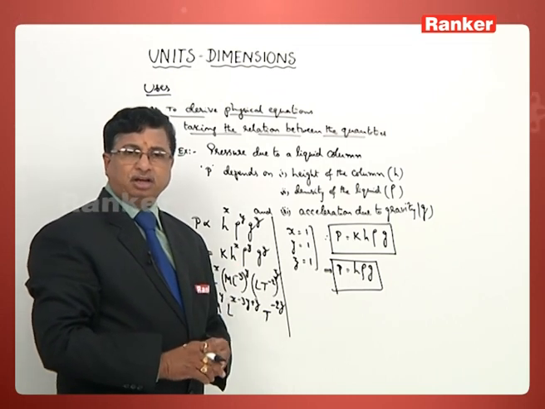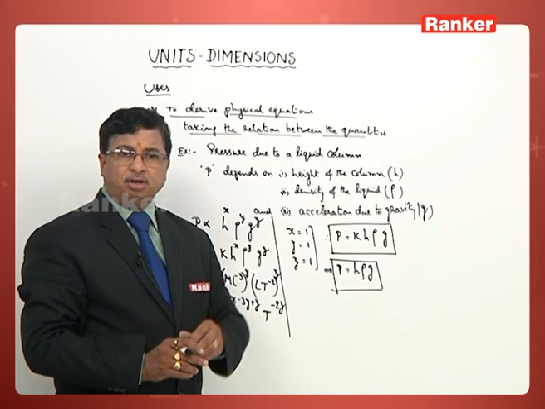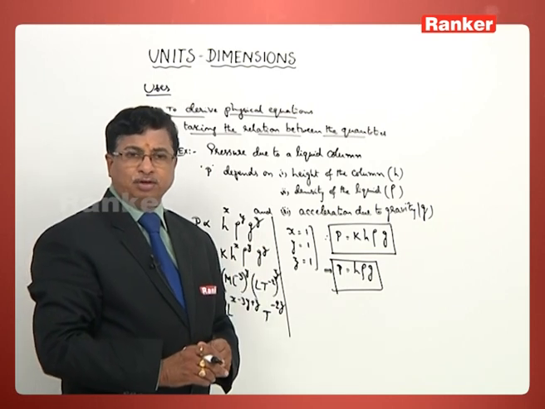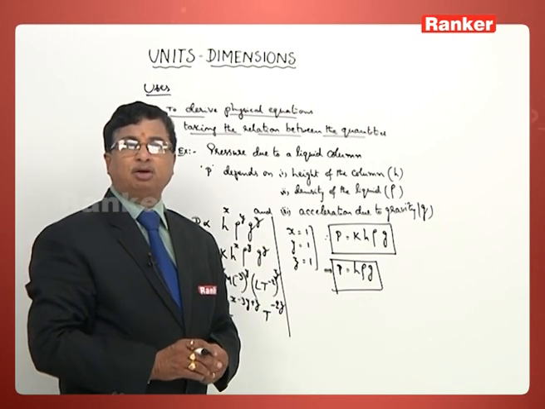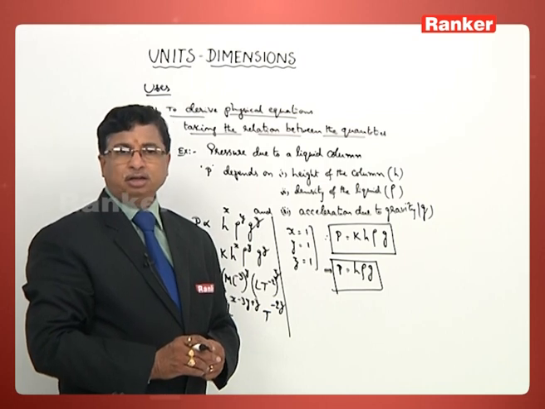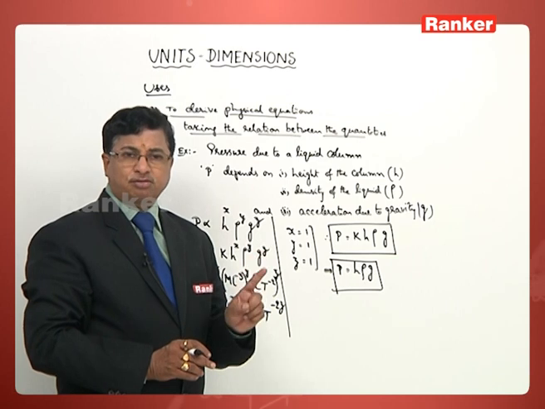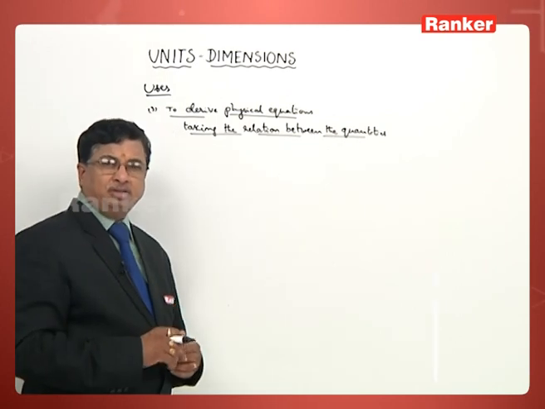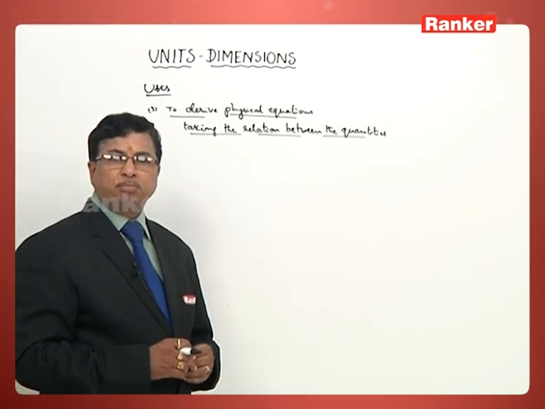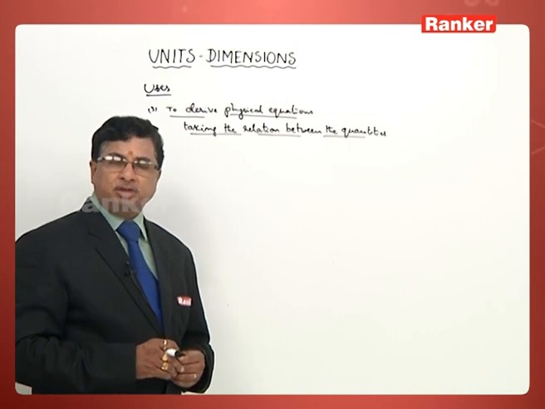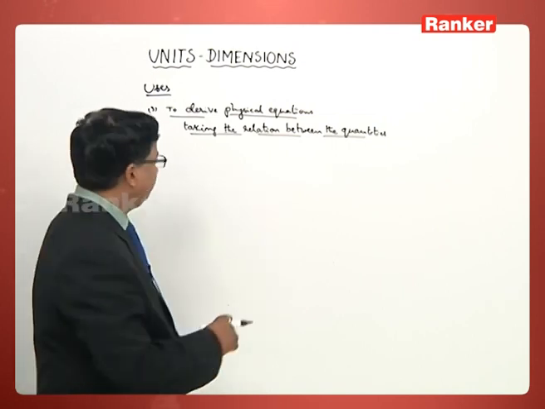Let us take one or two more examples in this regard, so that everyone can understand how to calculate the powers, which here are taken as x, y and z. Let us consider one more example taking the same third use of dimensions.